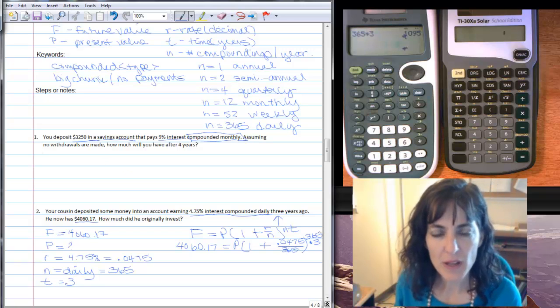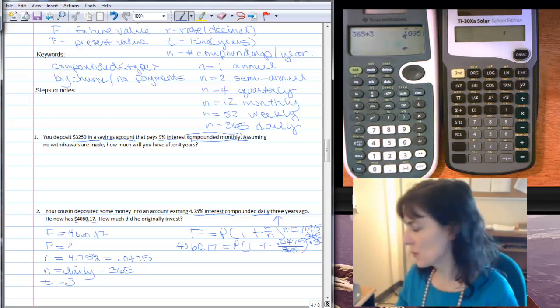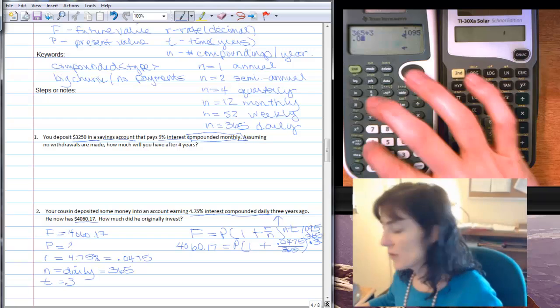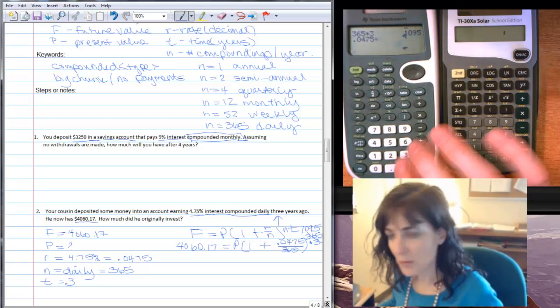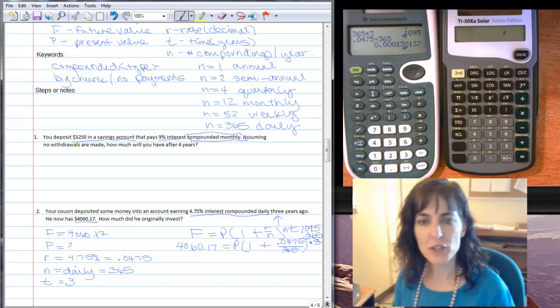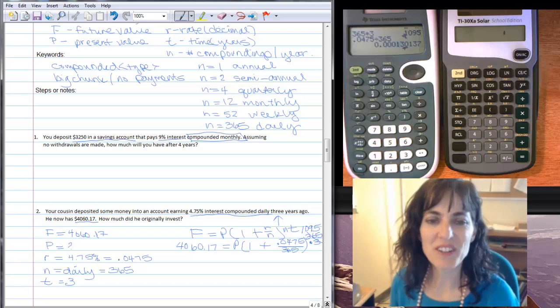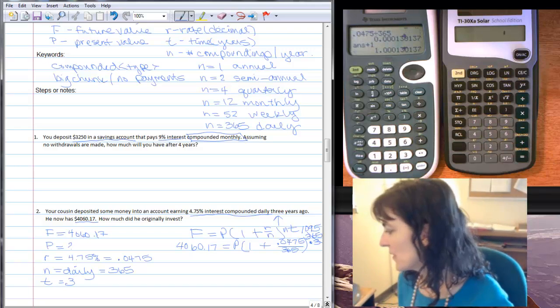Okay, so instead of that I can put 1095, and then starting inside my parentheses, the division comes first, so 0.0475 divided by 365, and then push enter. I have that big long digit there. I have to add 1 to it next, so plus 1.